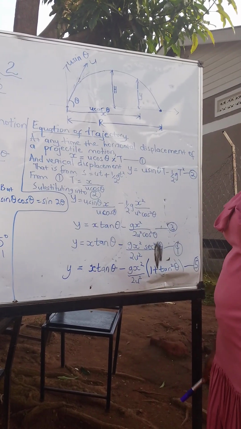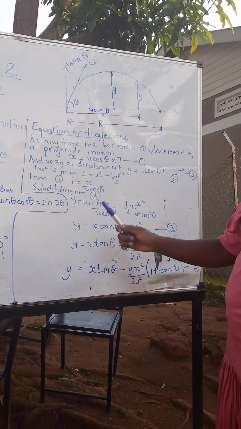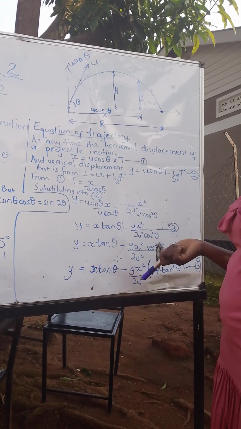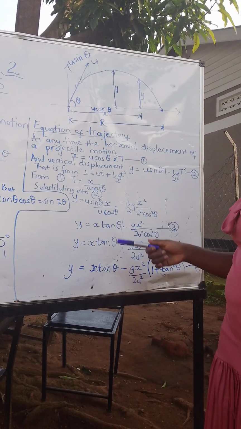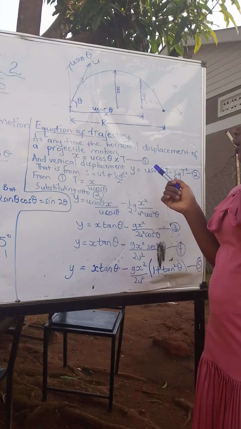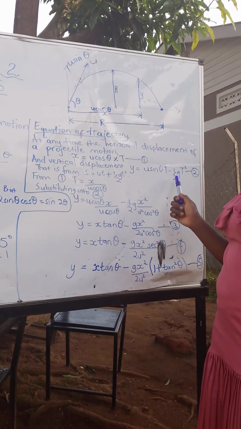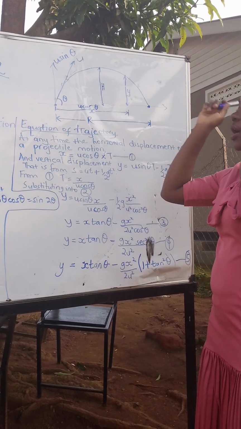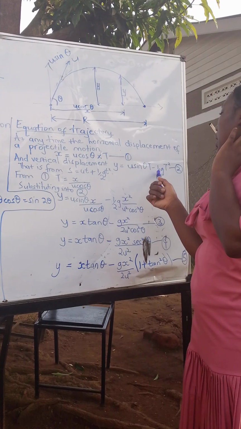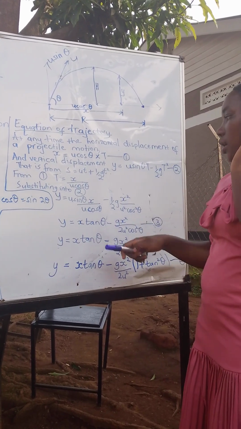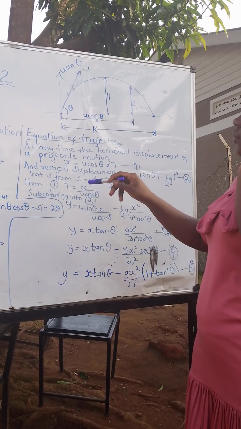Then for the vertical displacement, we use the second equation of motion, where y equals u sine theta, the vertical component of velocity, times t. Since we are moving up, the acceleration due to gravity is negative, so minus half g t squared.